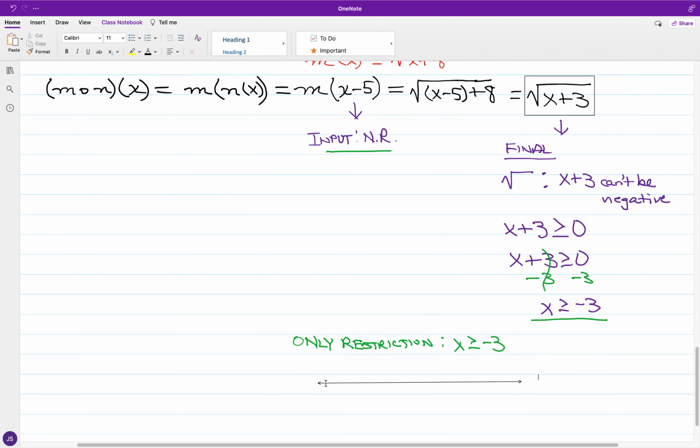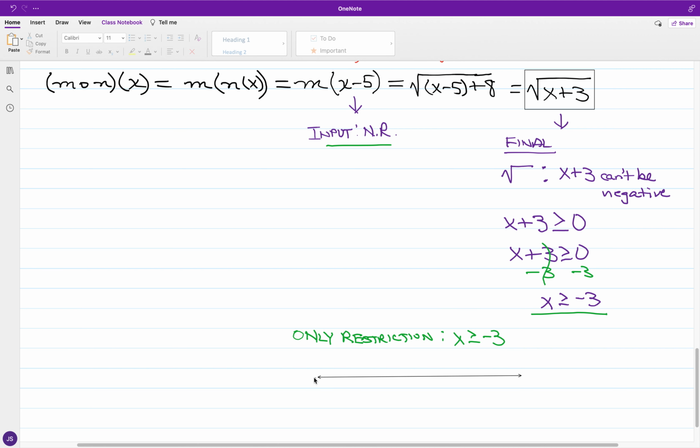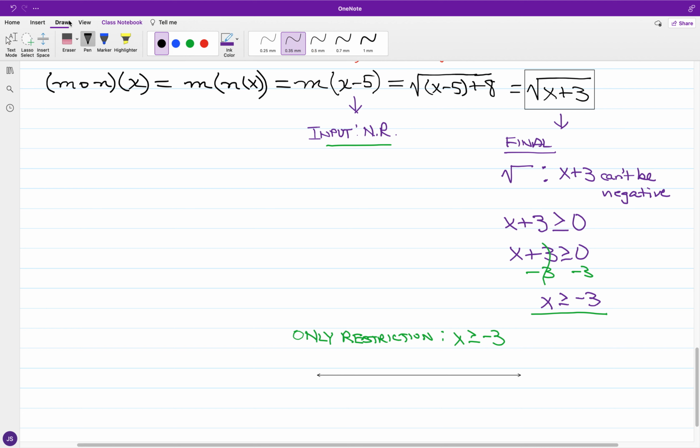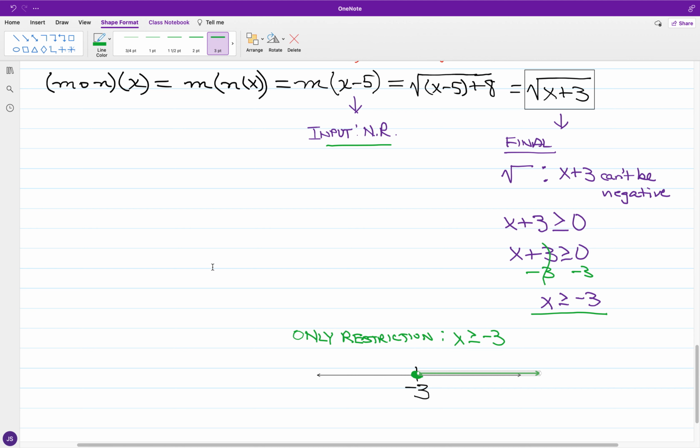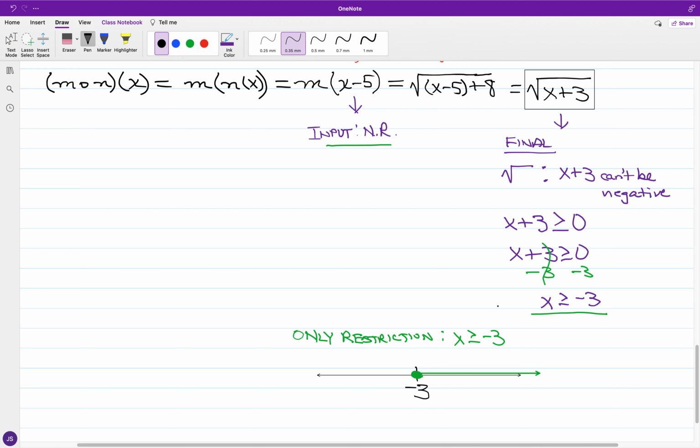Taking what we have here, the centerpiece number is negative 3. And again, with the equal sign, negative 3 is included. The rest of the values will be greater than, so there will be a ray that goes out to the right, heading toward infinity.